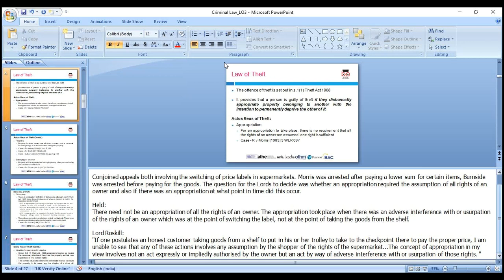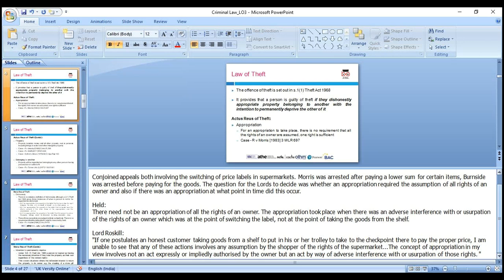The law, if one postulates an honest customer taking goods from a shelf to put in her own trolley, to take to the checkout and pay the proper price, I am unable to see that any of these actions involve an assumption by the shopper of a right of the supermarket.